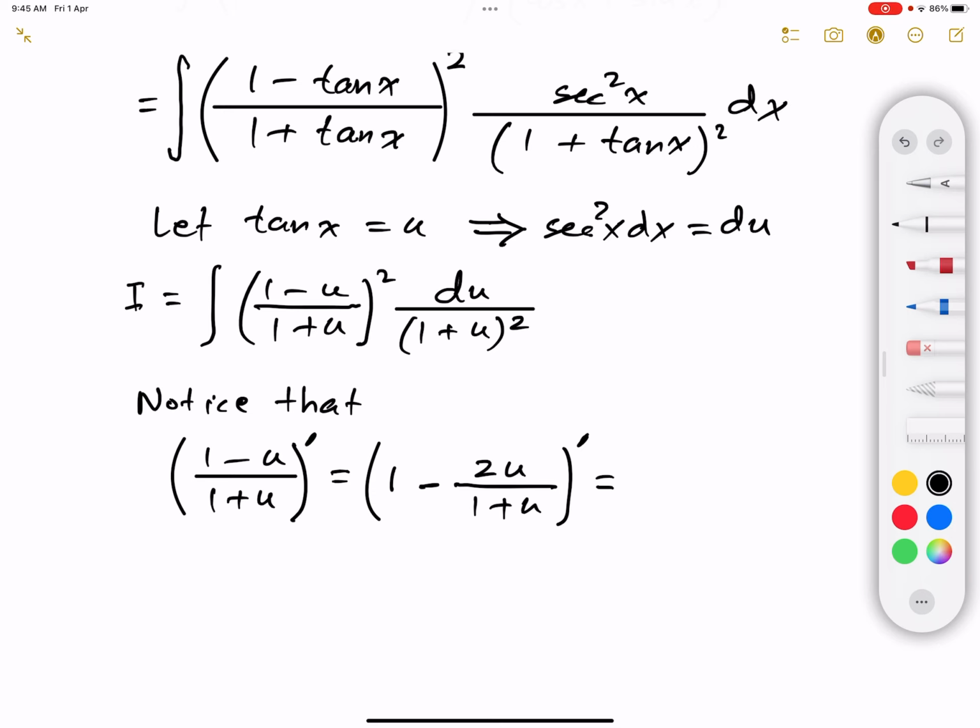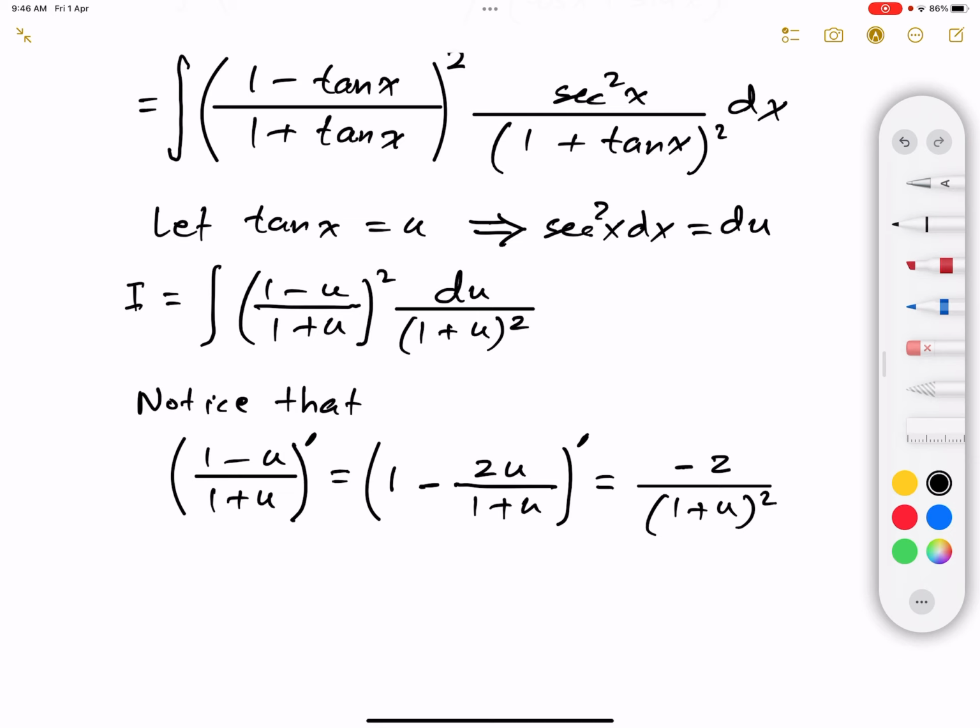The derivative of the second term is going to give us a squared term in the denominator, so (1 plus u) squared, and in the numerator, (1 plus u) multiplied by minus 2, and then plus 2u. So that would leave us with minus 2 in the numerator: minus 2 minus 2u plus 2u, so minus 2u gets cancelled with plus 2u, and we're going to be left with minus 2.